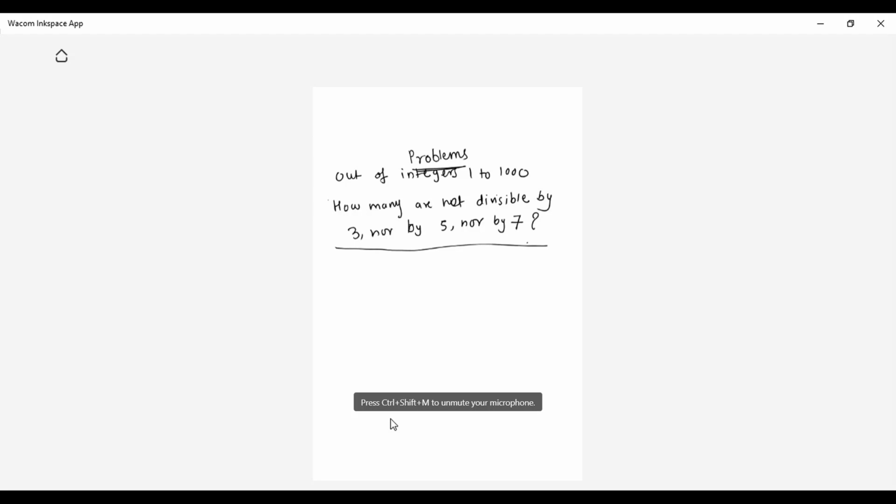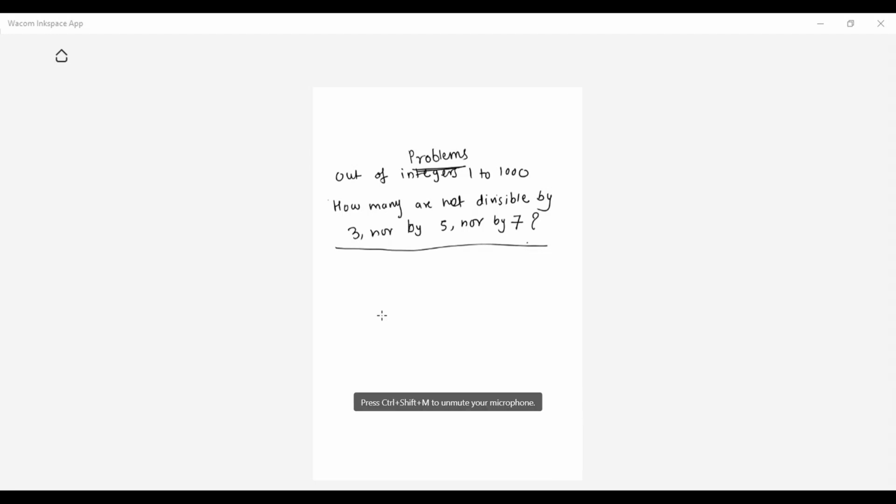In the last lecture, we solved one problem where we were finding the number divisible by 3, the number divisible by 5, and the number divisible by 11. We got the cardinality of A, divisible by 3, as 500 by 3. So out of 1 to 500, we got 500 by 3 as 166.